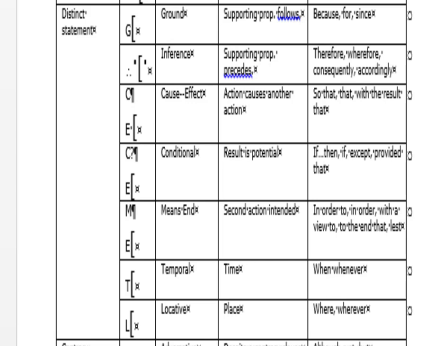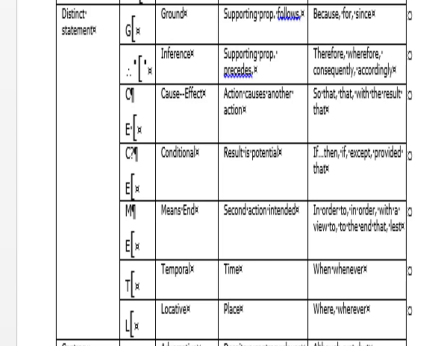Now normally, and notice how I'm going to pair ground with the next one, which is inference, this is basically an ordering issue. If I say, go to your room because you disobeyed me, the because is the ground or the rationale for the statement, go to your room.